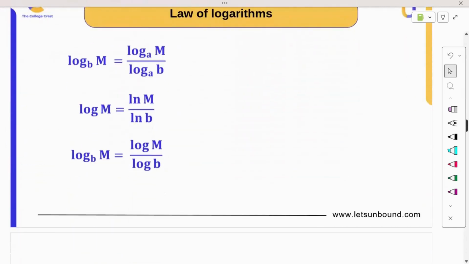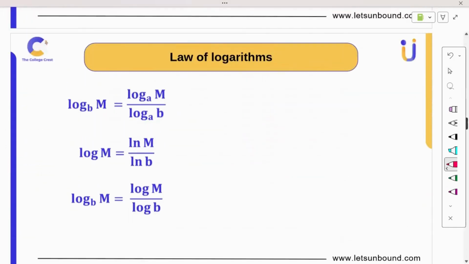Now, one more law of logarithm is called the change of base rule. On our calculator we have the common logarithm, represented by log, which means log with base 10. There is one more logarithm called ln, the natural logarithm. We write it specially because it's log with base e.